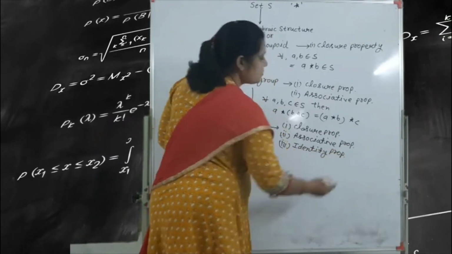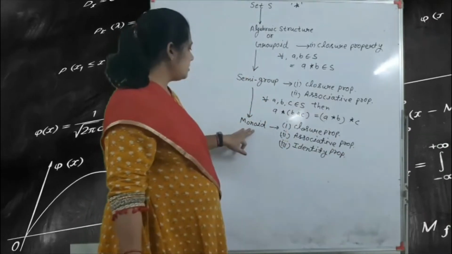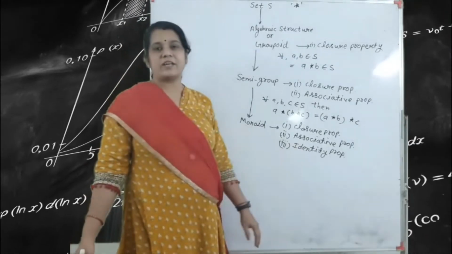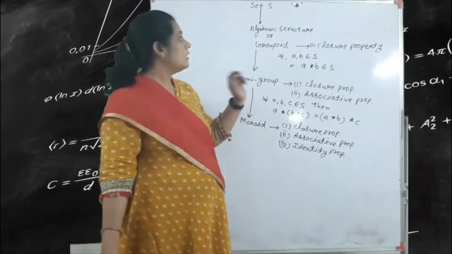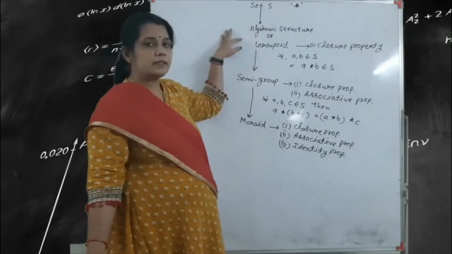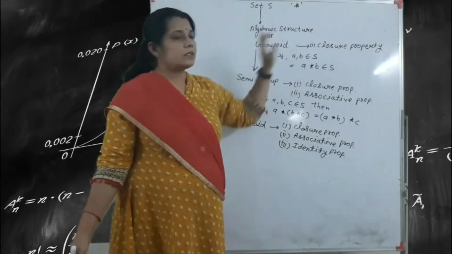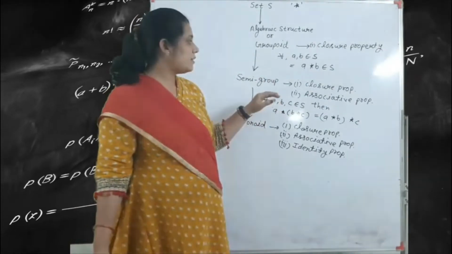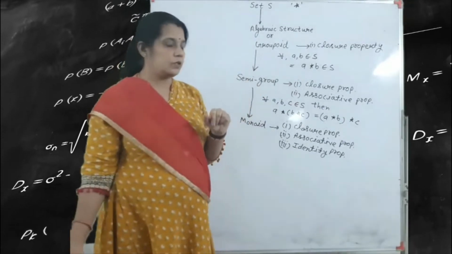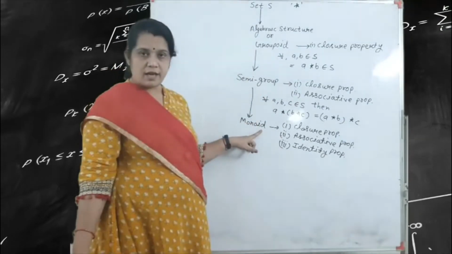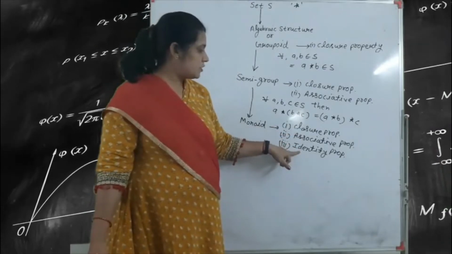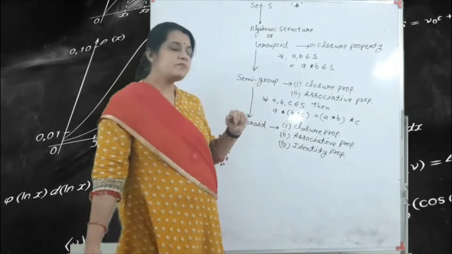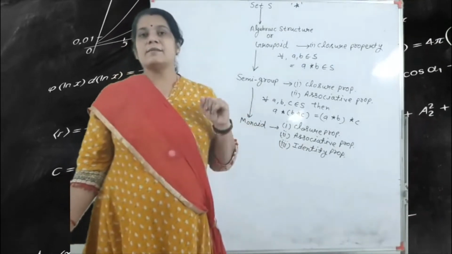Don't be confused here, because sometimes if a question says find the monoid, students solve only the identity property. If you find the algebraic structure, the other name is groupoid, so you solve the closure property. Second, to find the semigroup, you check closure and associative both. And if we find the monoid, then closure property, associative property, and identity property, all three properties must be satisfied, then we can say that the given set is a monoid.